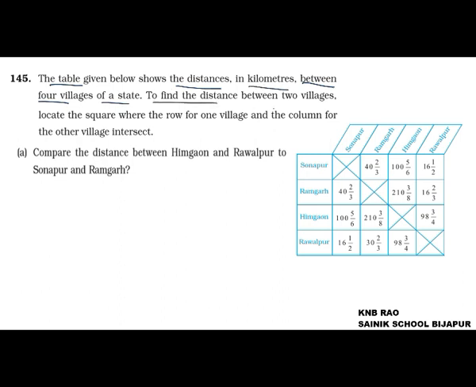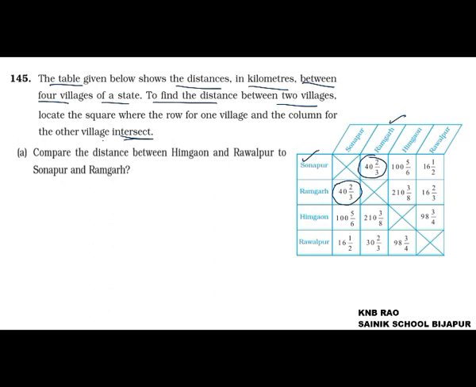To find the distance between any 2 villages, for example, if you want to find the distance from Sonapur to Ramgarh, you have to see along the row, along the column, their point of intersection gives us the distance. Even here you can see Ramgarh to Sonapur is the same distance. So it is in kilometers.